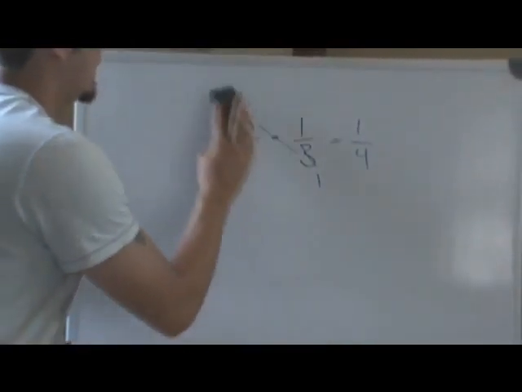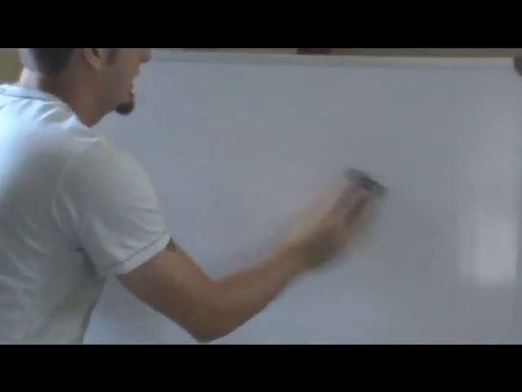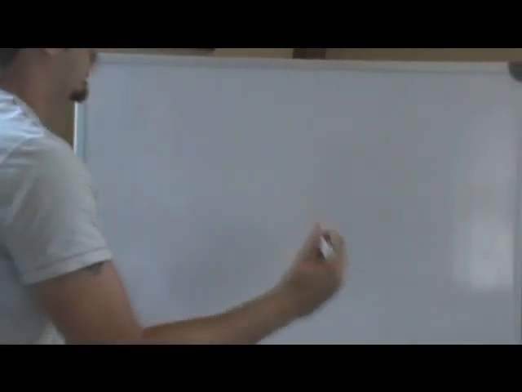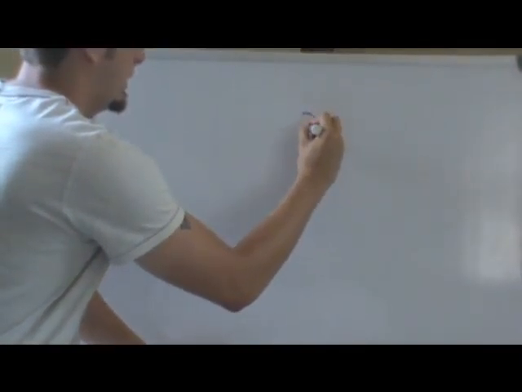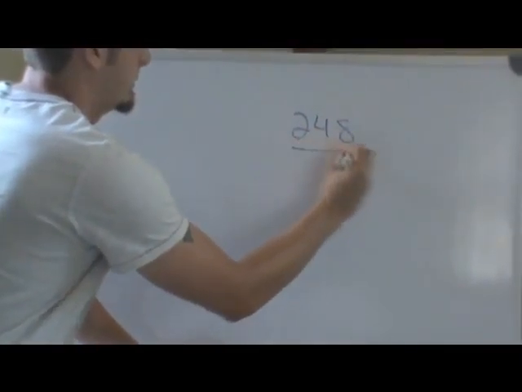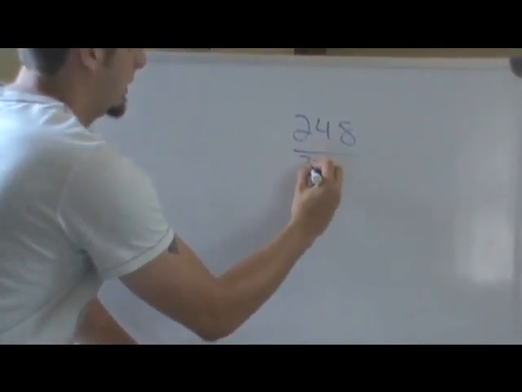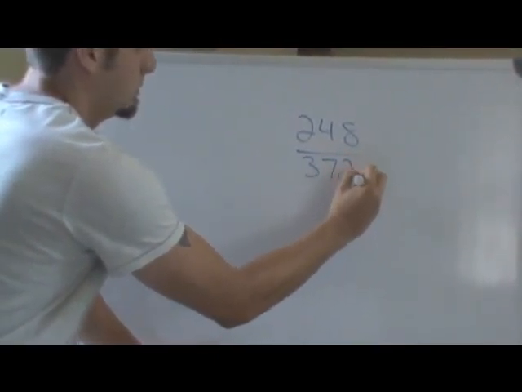Because sometimes if you don't cross cancel, you're going to end up with a fraction that's really, really big. You might end up with something like 248 over 372.